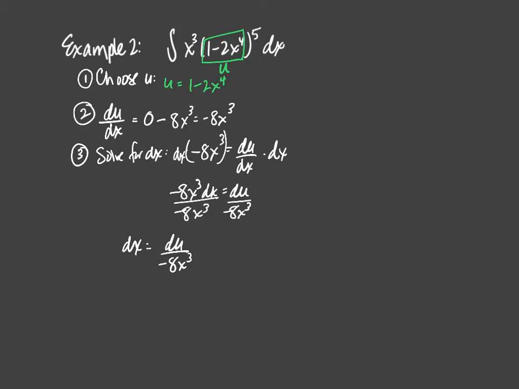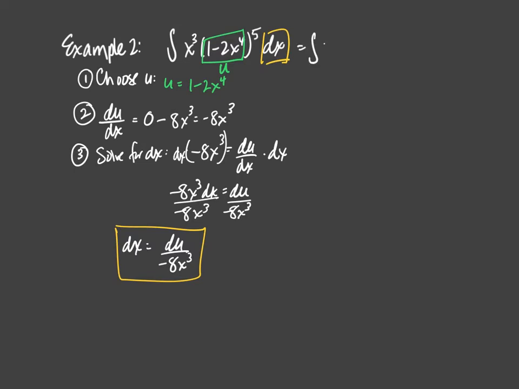So I'm ready to substitute. We said in step 4 we're going to substitute out what we chose for u and the dx, nothing else. Everything else stays. Everything else that is not in a box or not in a different color stays.